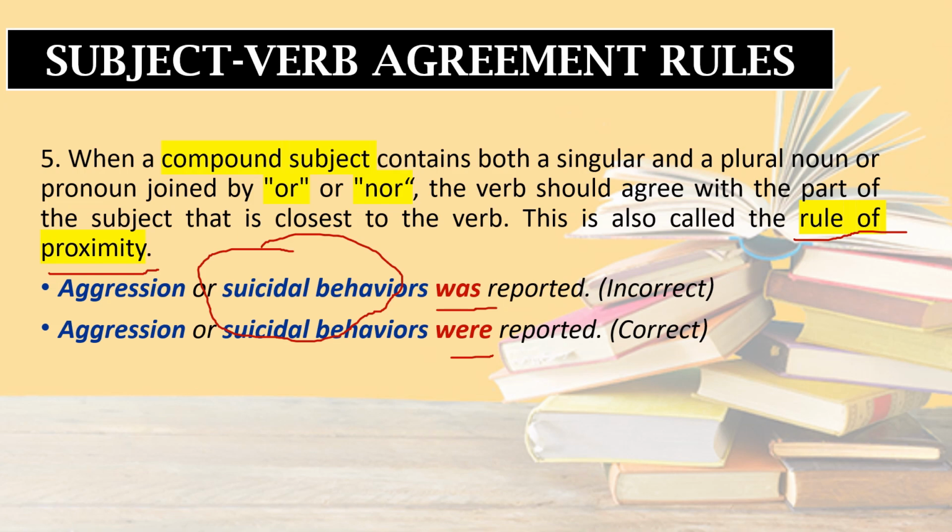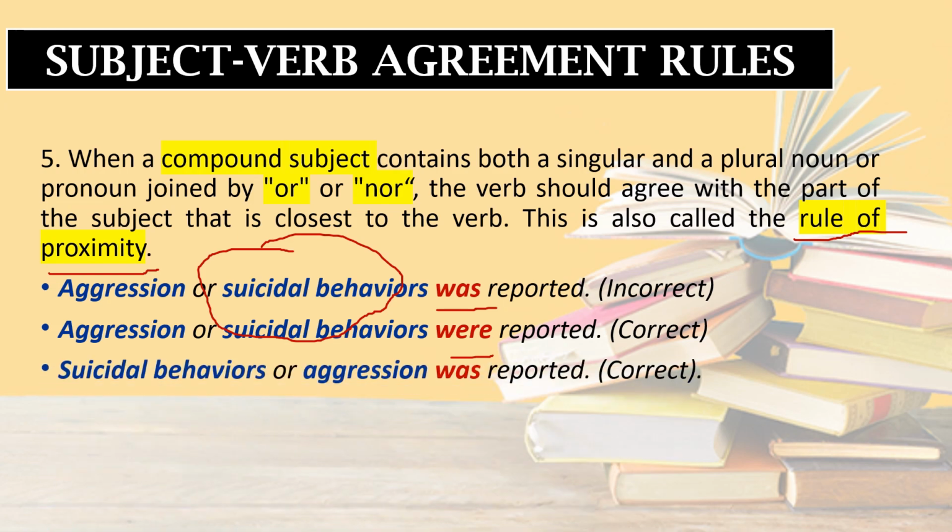So aggression or suicidal behaviors were reported, and this is the correct sentence. Or you can have suicidal behaviors or aggression was reported, considering that aggression here is the subject that is closer to the verb. And aggression is in its singular form. Therefore, we need to have the singular verb.